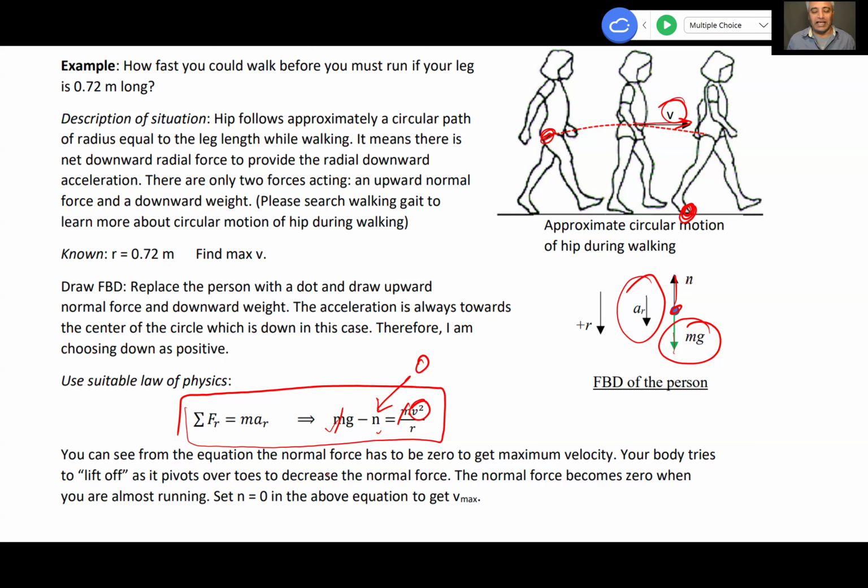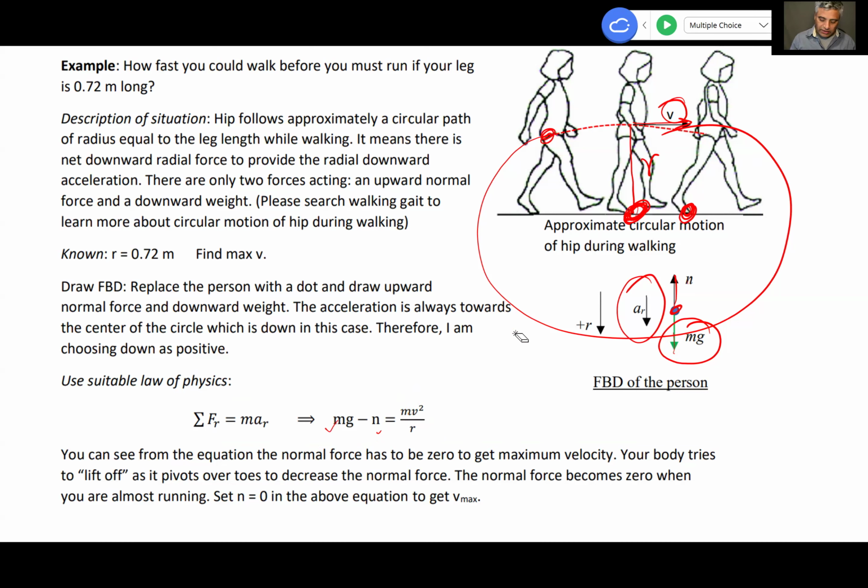For that, all you need is to measure the length of your leg and use this formula to find the speed. It's a circle like that, so the center actually becomes over there. That's why the length of your leg is the same as the radius.